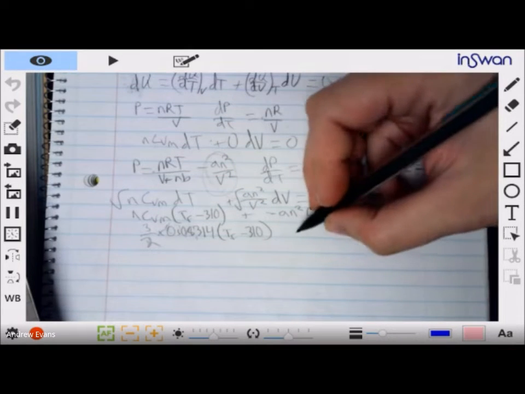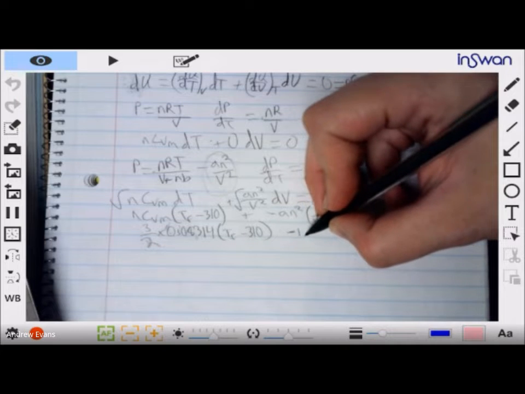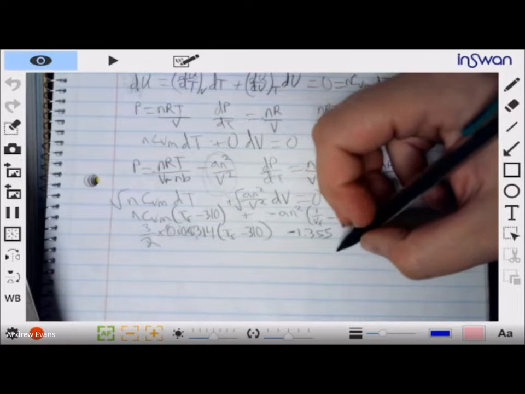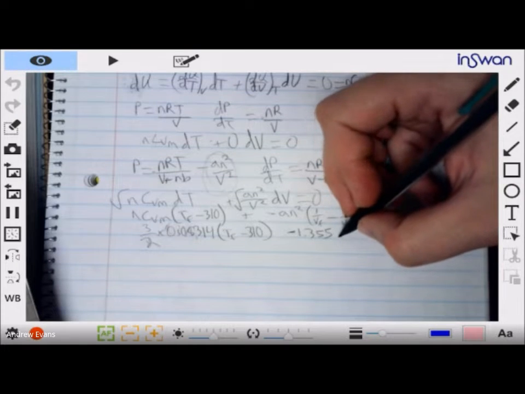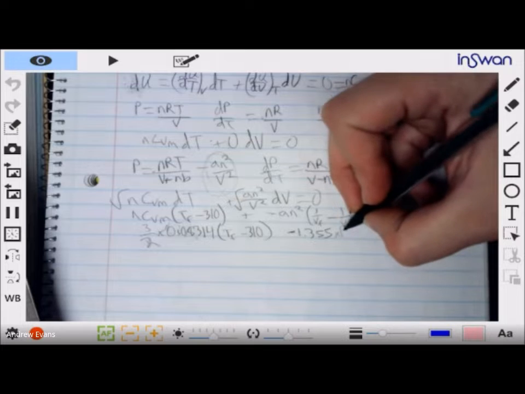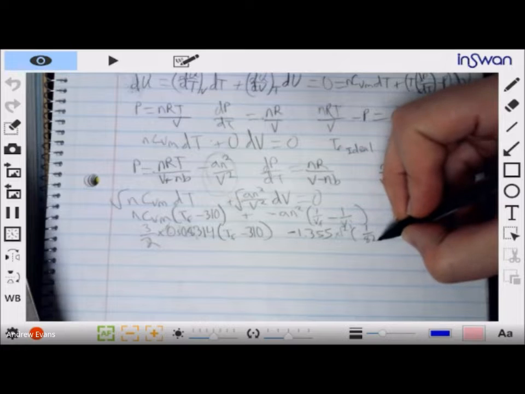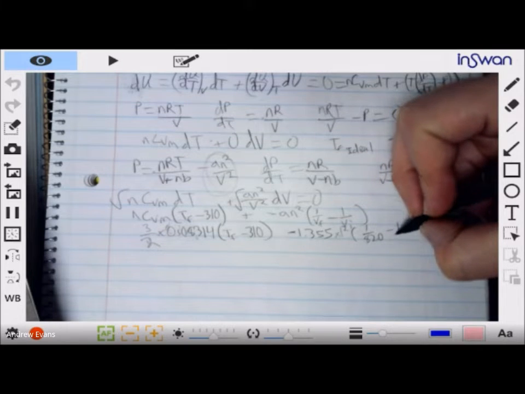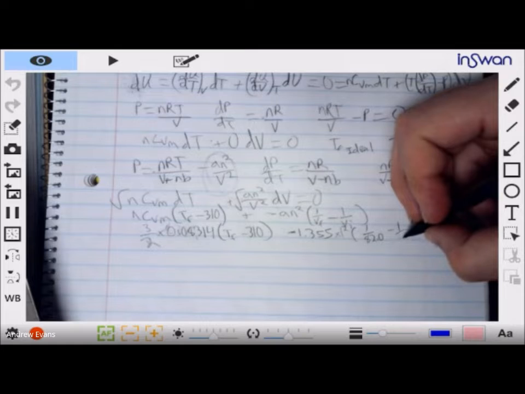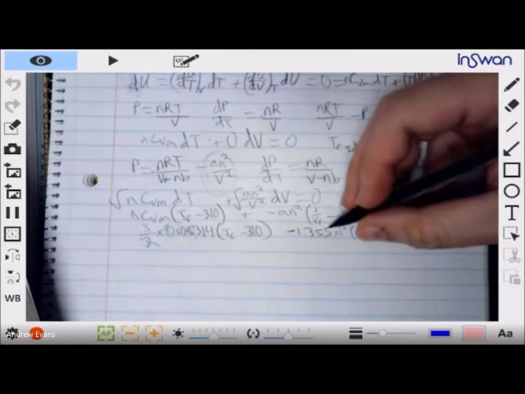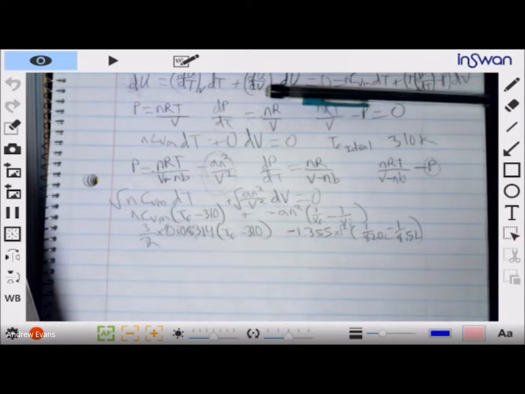A is the positive 1.355 liters squared bar per mole squared, times 1 mole squared, times 1 over 82 liters minus 1 over, it was like 8.5 liters. And this will get us units of bar liters per Kelvin, which is going to be what we need.